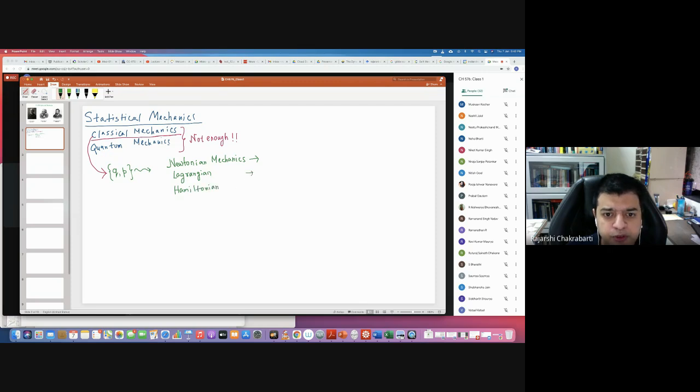These are different approaches, but they are equivalent. But you will see, if you take a course in classical mechanics, that the Lagrangian or Hamiltonian description is sometimes more useful than the Newtonian description.